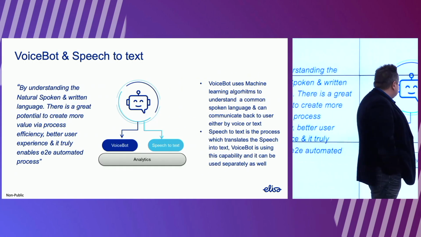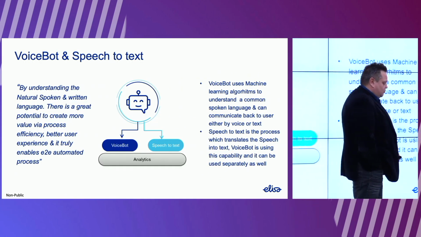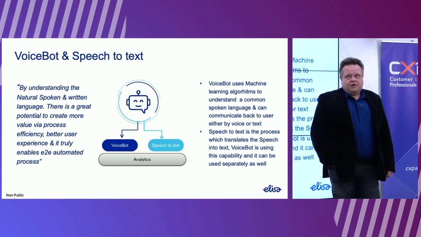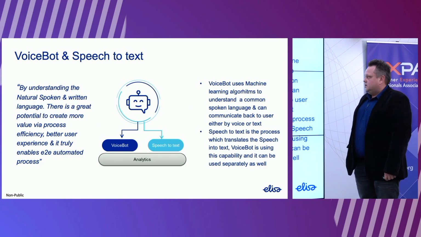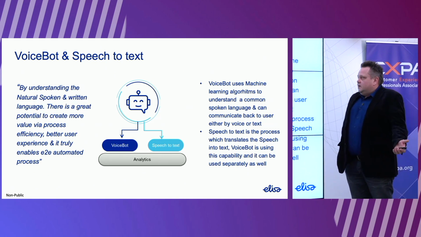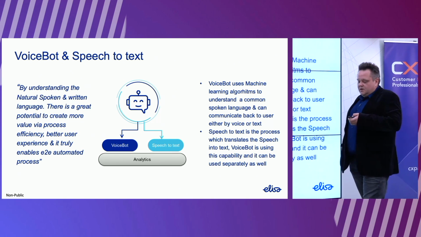And then usually we are talking about voice bots, and then we are talking about speech to text. These are maybe the two areas where we usually start. And why? Because by understanding natural spoken and written language, there definitely is great potential to create more value via process efficiency, better user experience, and this truly enables end-to-end automated processes.